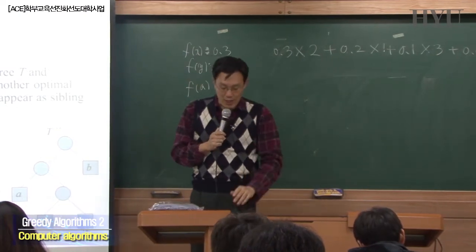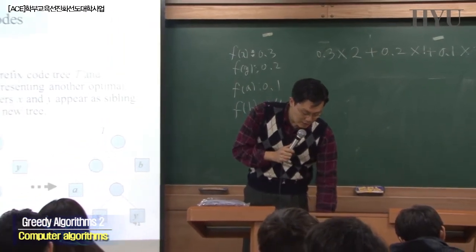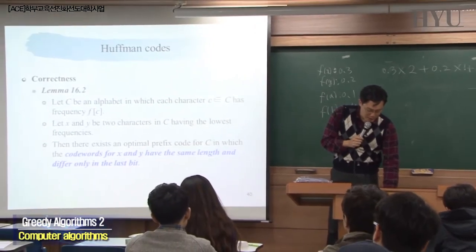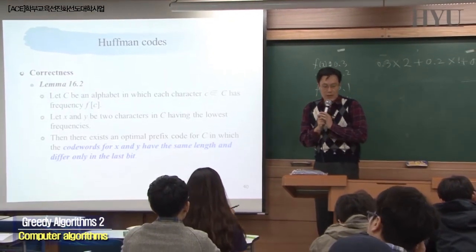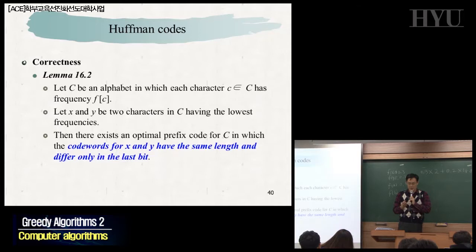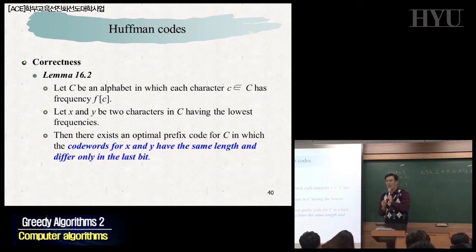Okay, keep this in mind, and let me explain the correctness of the Huffman code algorithm. I'll explain 2 lemmas, and they are quite long and not easy to understand. So this is the first lemma.